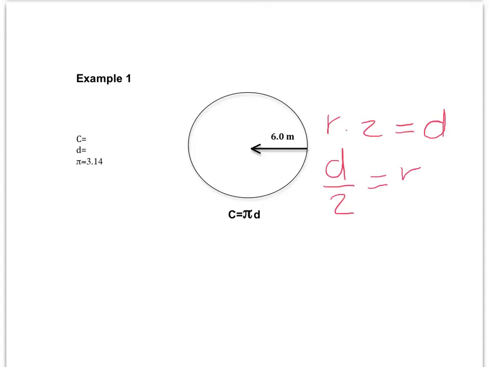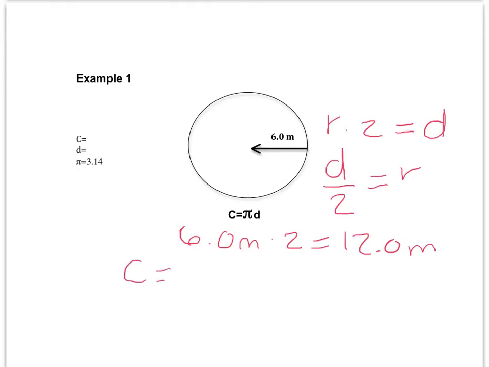So now that we have our radius, we can turn it into our diameter. So that's 6 meters times by 2, which gives us a diameter of 12.0 meters. And now what we're going to do is put it into our equation.